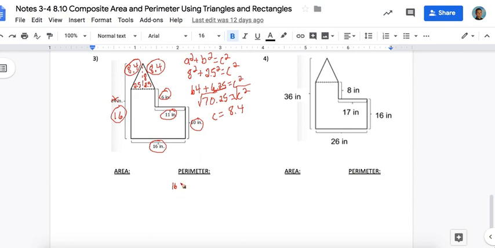So 16 plus 16 plus 8.4 plus 8.4 plus 6 plus 11 plus 10. And I got to make sure I have 7, 4, 5, 6, 7. Good.